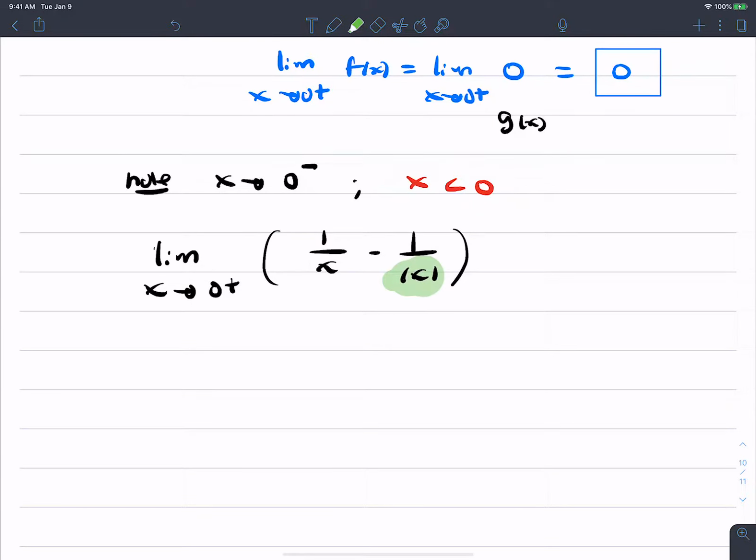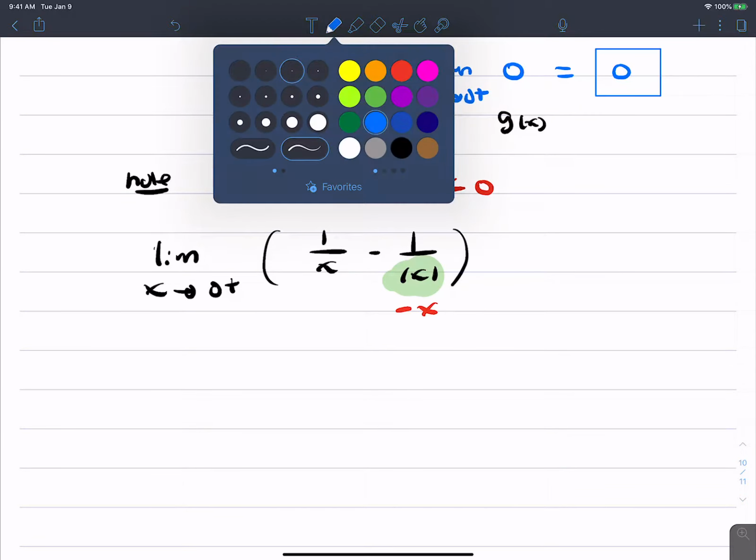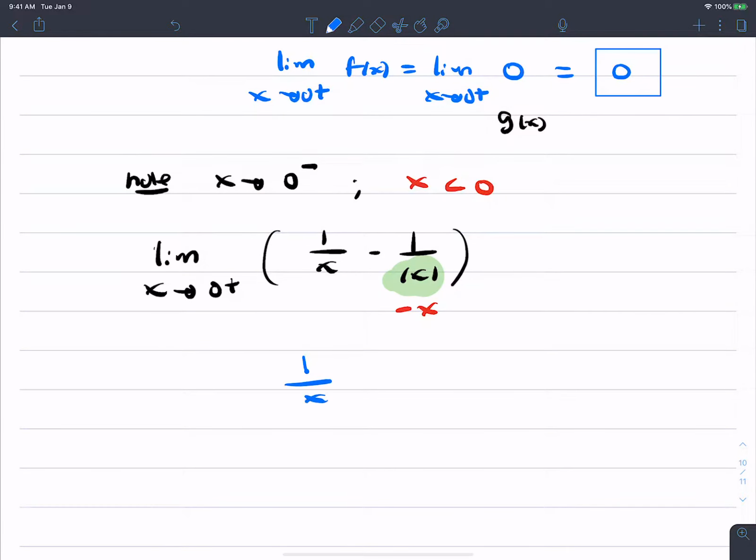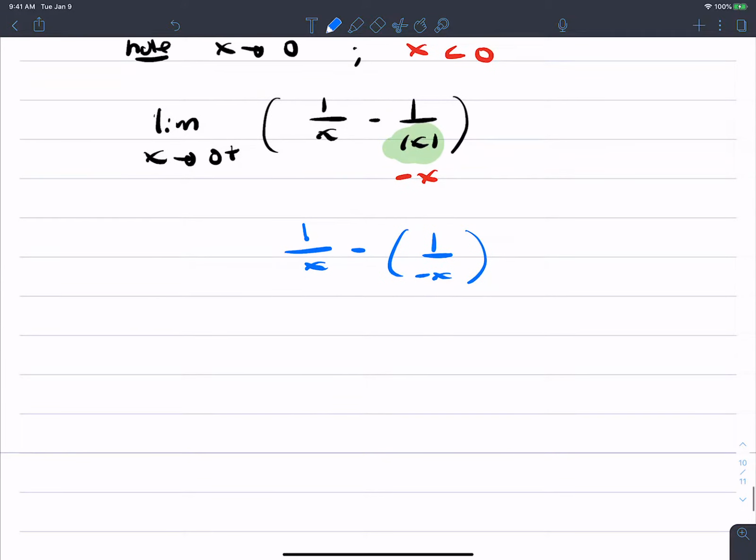So we'll replace this with a minus x. We're going to go through the detail. There it is. So my function then is 1 over x minus 1 over minus x, which gives you 1 over x plus 1 over x, which is 2 over x.